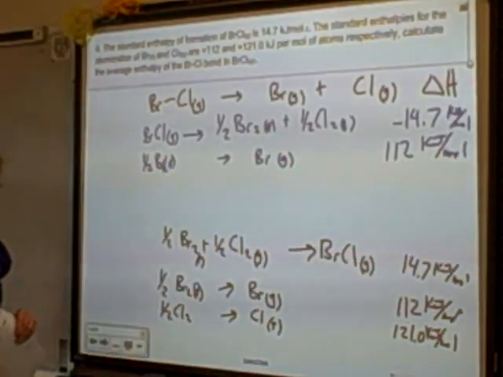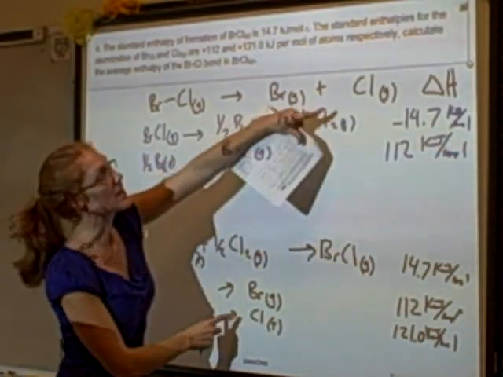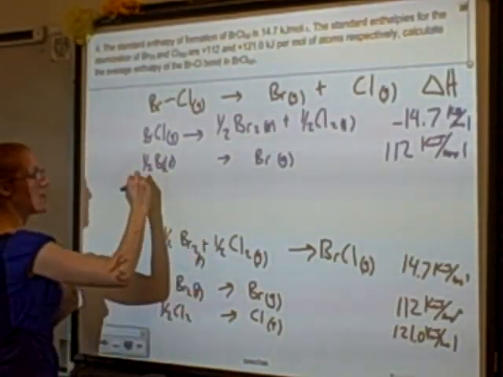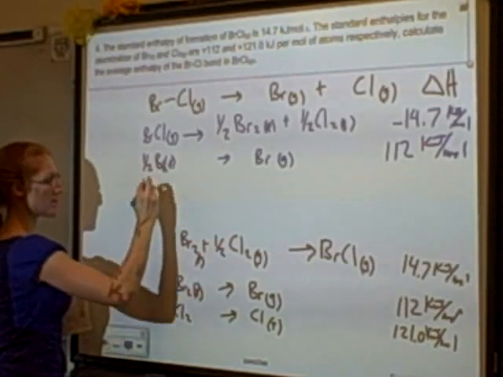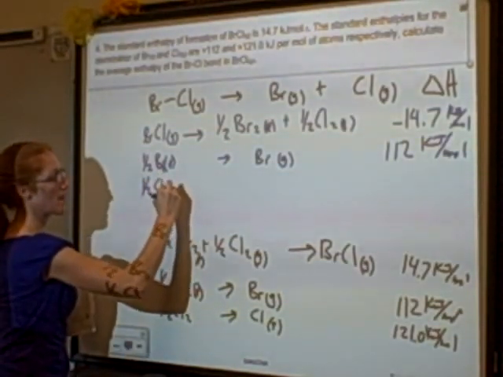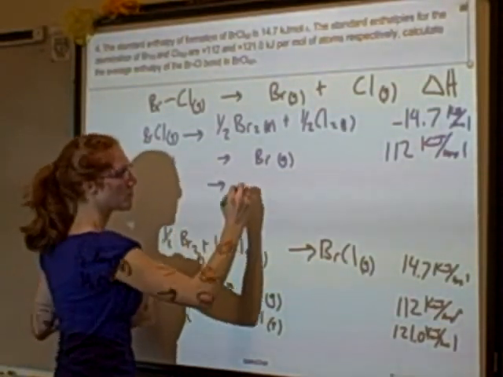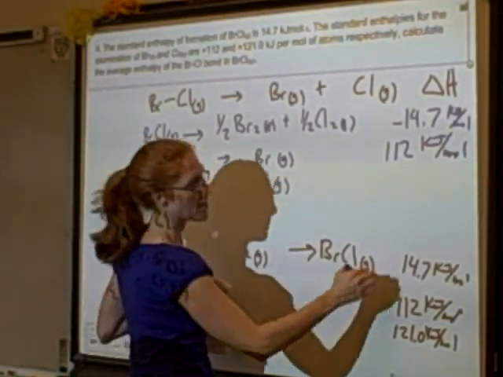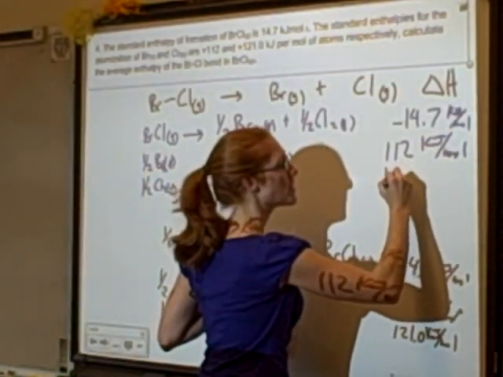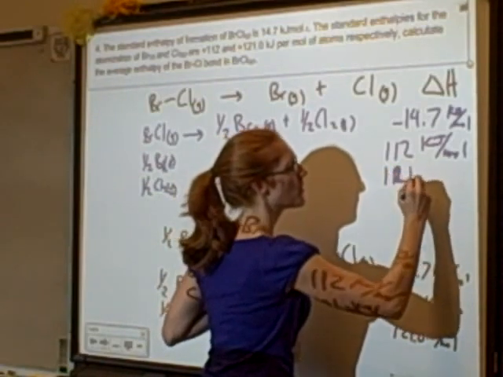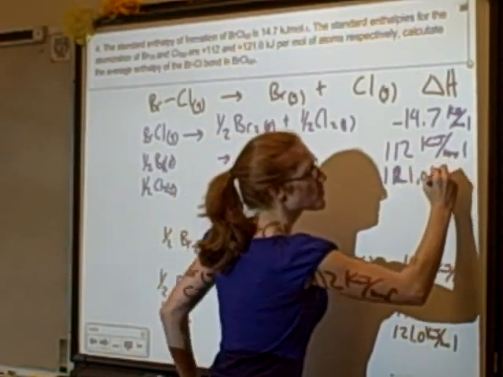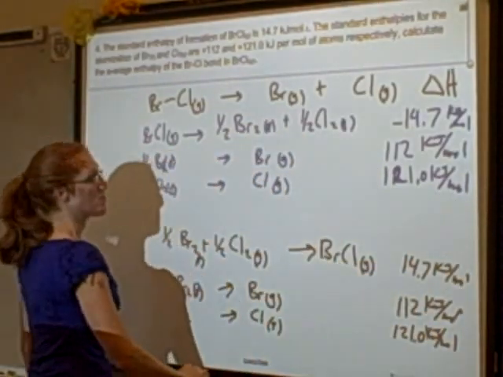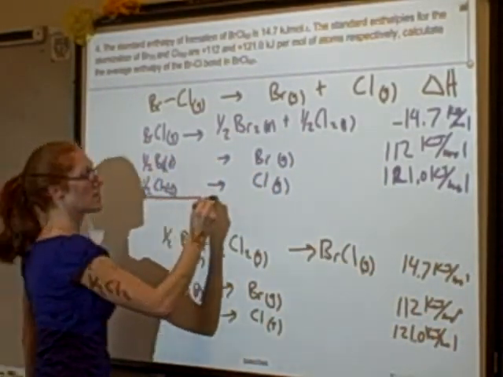And that last step I can also just take and say, I need chlorine as a gas, just 1 mole, so I'll take this step and put it right here: half a mole of Cl2 as a gas, forming 1 mole of Cl as a gas. And I can just put that right up here. 121 kilojoules per mole.